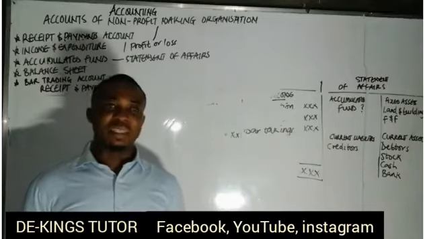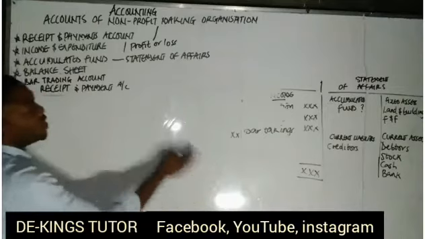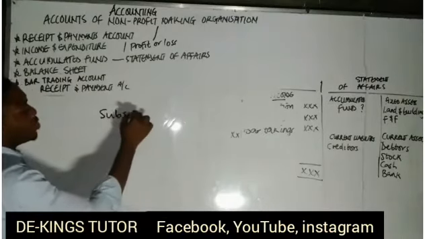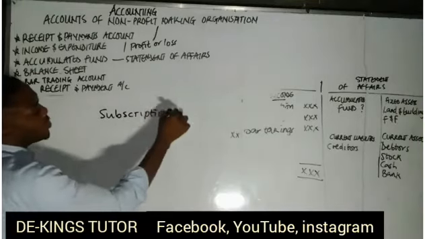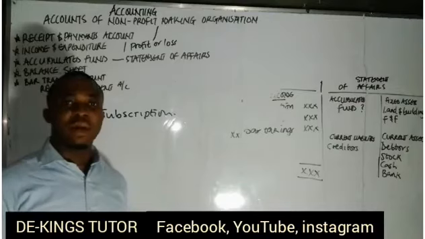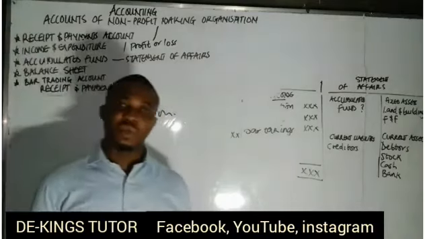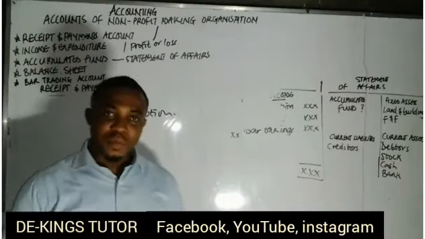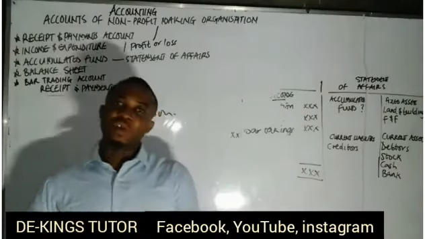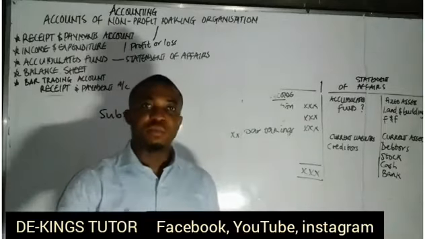What do I mean by that? For instance, one of the incomes of the organization is subscription. What is subscription? This is a periodic payment made by members of the club to the club to ensure that they still remain members. It is done periodically. It is the same way that you belong to a club or an organization and you pay membership dues.